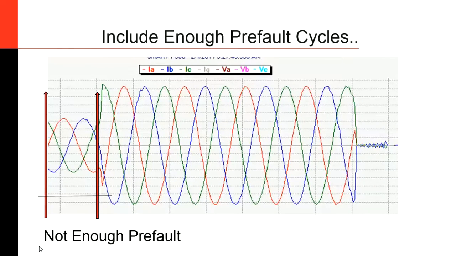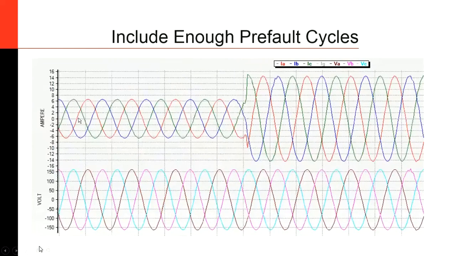Why? Well, the reason is that microprocessor relays need some time to load the filters that are used to interpret the analog signal and convert it into discrete form, and then into the quantities that the relays use to make their decisions. That's why I recommend that whenever you can, include enough pre-fault cycles in your testing.